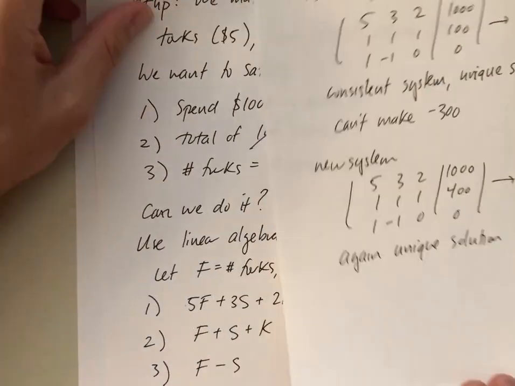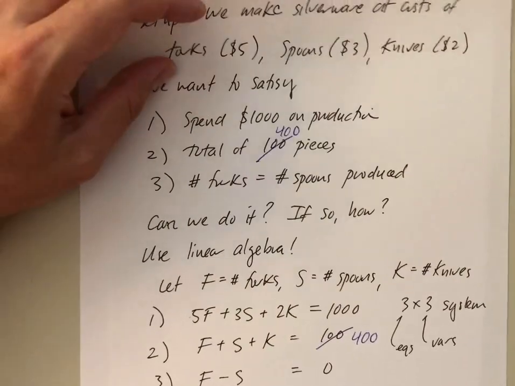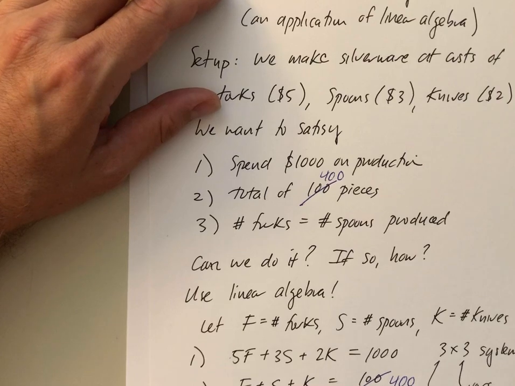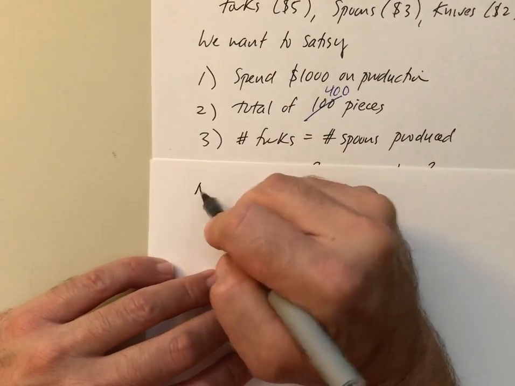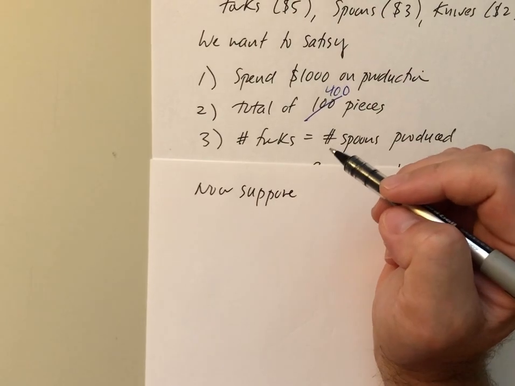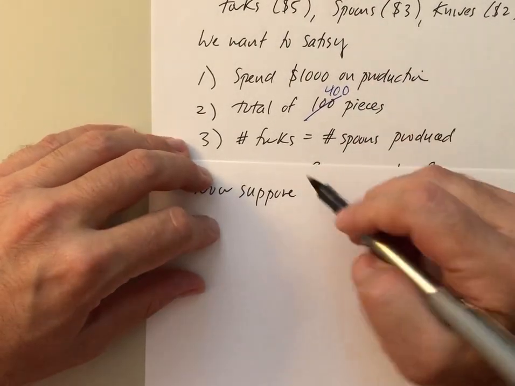So going back, again, this is a case where you have a unique solution. What if you go back to this setup, and suppose I add another restriction. So now suppose the boss says, okay, yeah, that's good, you can do that, but I also wanted the number of forks to be the number of knives.